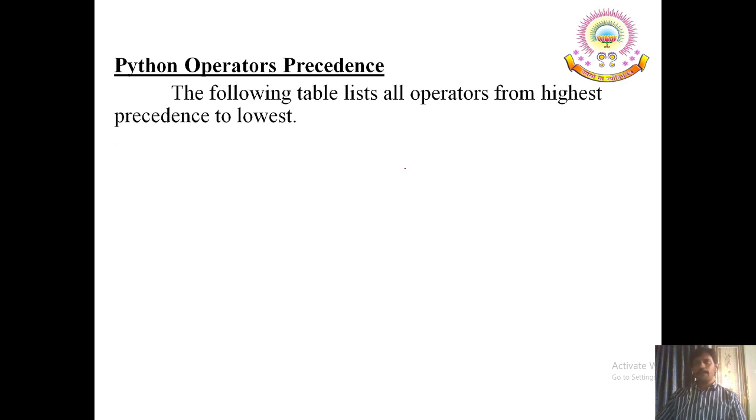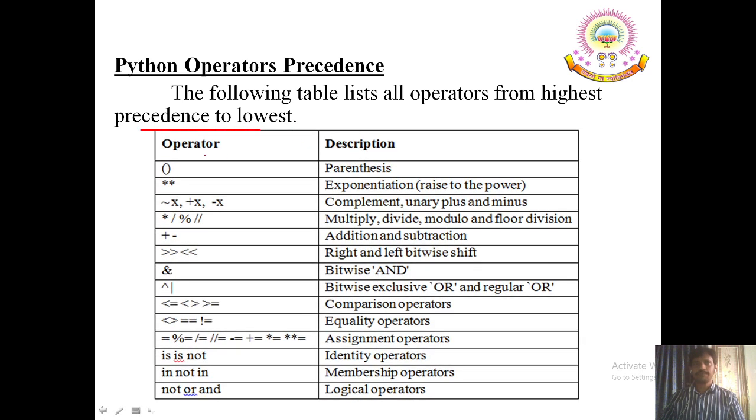The Python operator precedence. As we have operator precedence in C programming, here also we have operator precedence, which gives the priority number of the operation to carry out in a particular expression. The table that lists all the operators from the highest precedence to the lowest precedence is this one.